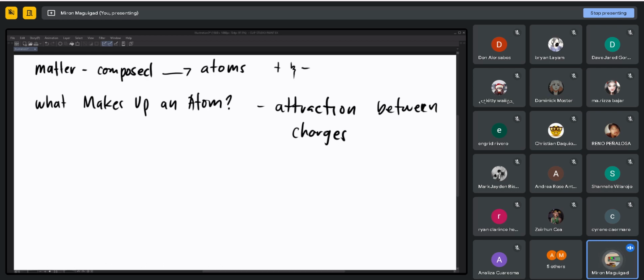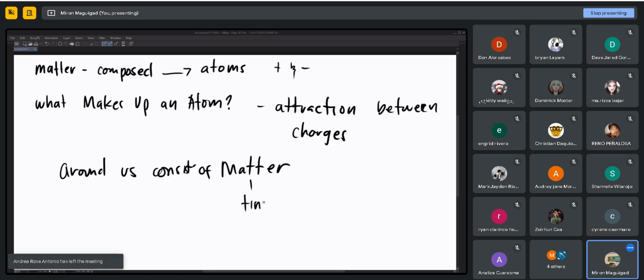So everything around you consists of matter. And matter is composed of tiny particles, called atoms.